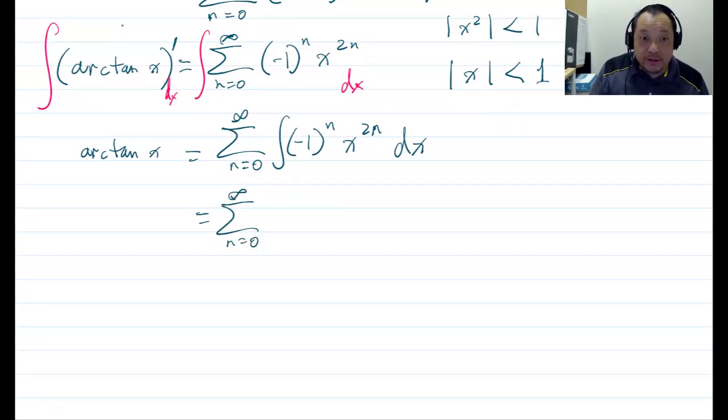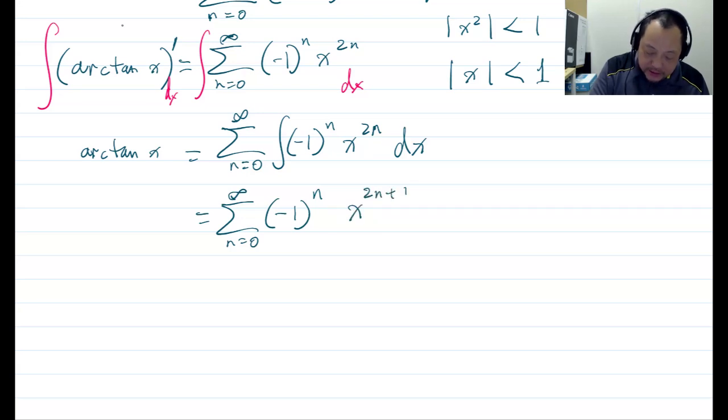Negative 1 to the nth doesn't have an x in it, so it's just a constant. I can factor it out. And the integral of x to the 2n is x to the 2n plus 1, divided by 2n plus 1, plus c, right? Indefinite integrals always have a plus c.